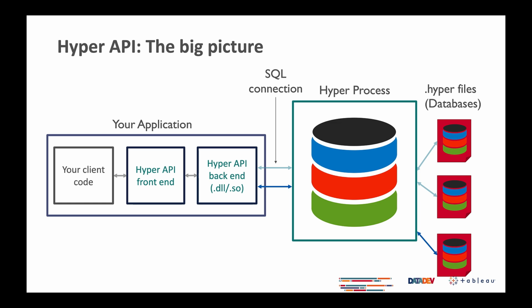So again, you can see here that you start with your client code, you work via this SQL-based API, all with the goal of using this hyper process that you've spun up to interact with different databases or these .hyper files.